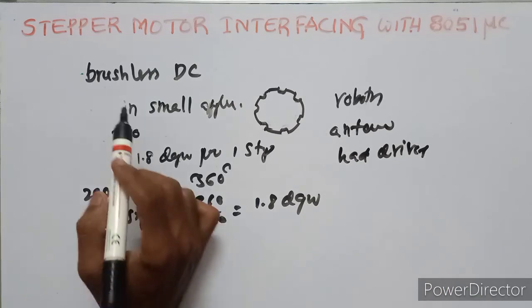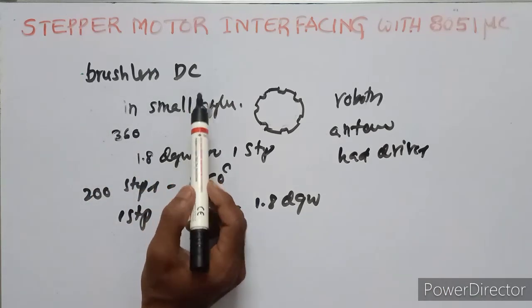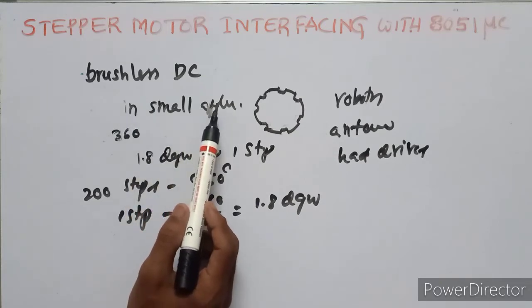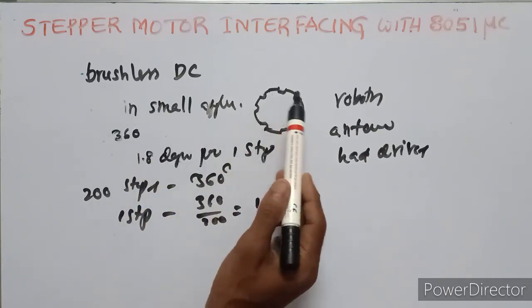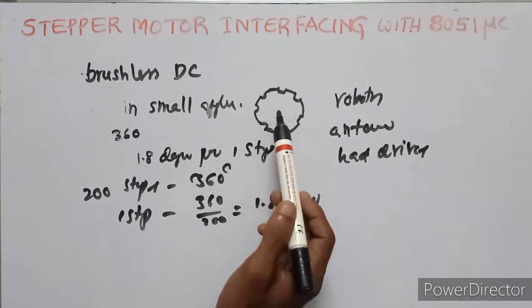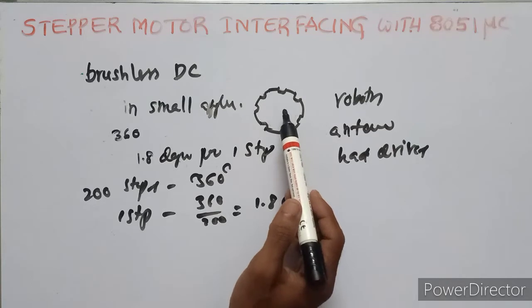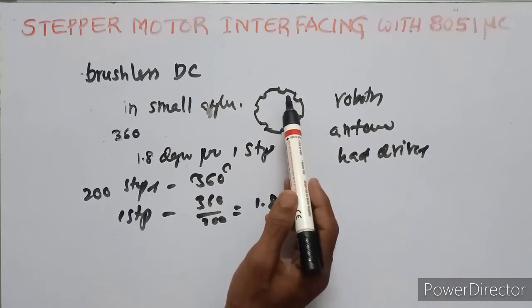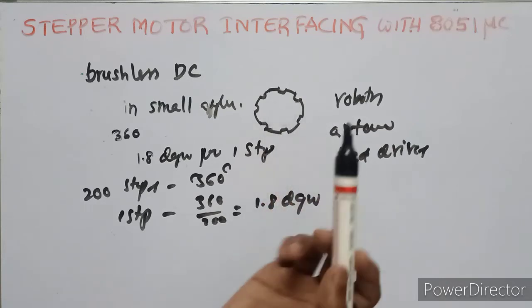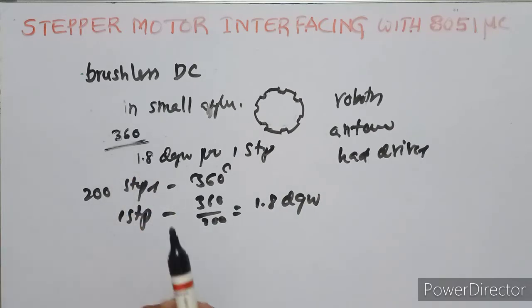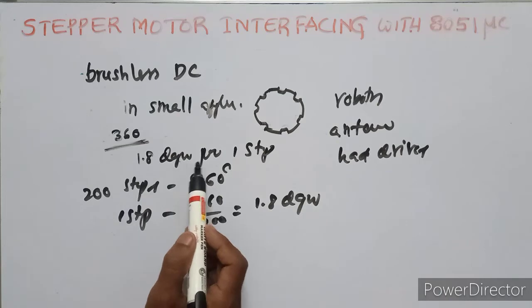Once again, a stepper motor is a brushless DC motor which can be rotated in small angles. These angles are called steps. There are 200 steps in a stepper motor. The 200 steps complete a 360-degree rotation, which means 1.8 degrees per step.